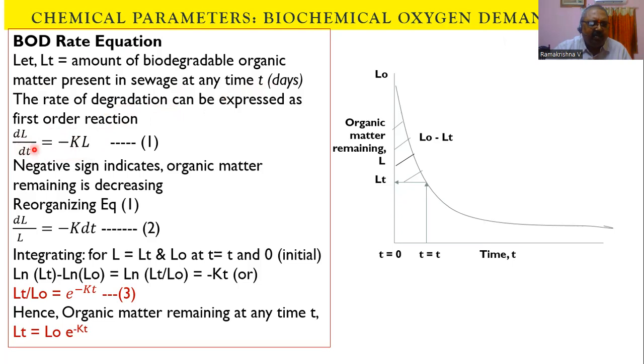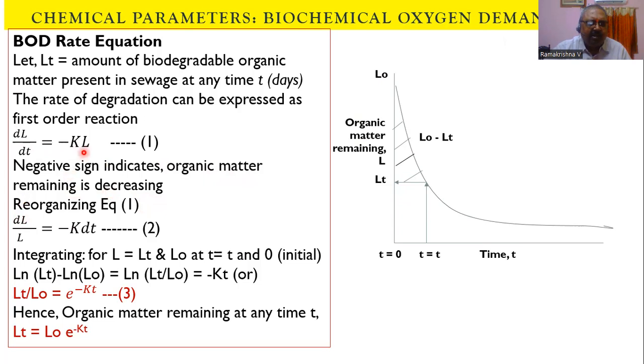So dL by dt is proportional to L. Initially, a high amount of organic matter is remaining, but as time passes, the organic matter is reducing like this. So it's an exponential reduction, and that's why we assume a first order reaction. Because the concentration is reducing, we introduce a negative sign here. It indicates the organic matter remaining is reducing.